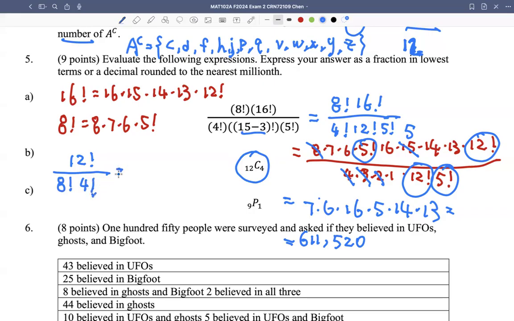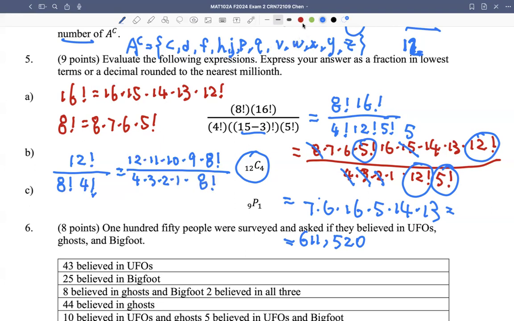So we're going to do the same thing as we did for the A part. 12 factorial, we want to write as 12 times 11 times 10 times 9 times 8 factorial, because it can cancel with the denominator, right? 4 factorial, we want to write as 4 times 3 times 2 times 1 and times 8 factorial.